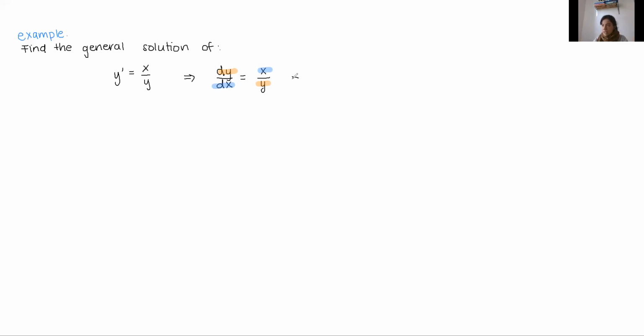So I get y dy on the left and x times dx on the right, which means each part is on its own. Here I have x and dx, so everything is in terms of x, and on the left-hand side I have y and dy, so everything is in terms of y.